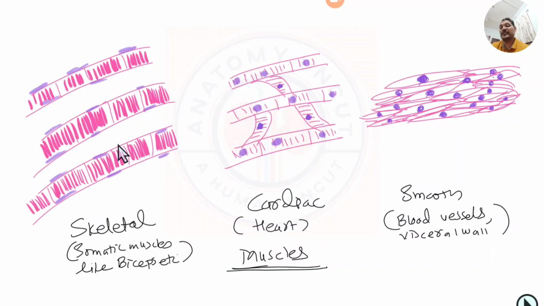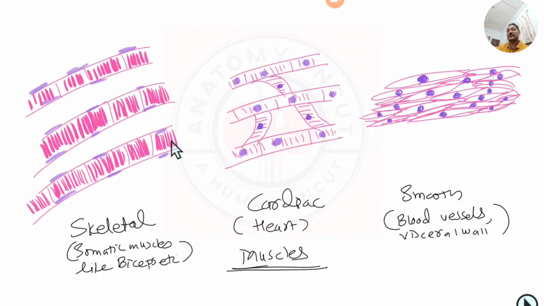If there is a multinucleated appearance, like I have purposefully drawn here, and heavy striations are present in this kind of appearance under high resolution microscopy, it is called striated muscle or skeletal muscle, because of the heavy concentration of actin and myosin.